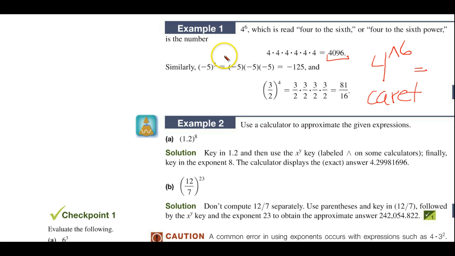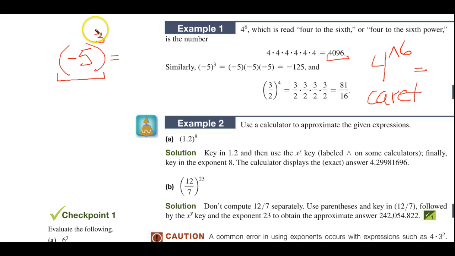Now, similarly, when we see something like this in parentheses, our base now includes the negative sign, and this is to the third. So we have the rule: negative times negative times negative gives us a negative. Having a base an odd number of times, if it was negative originally, is negative.